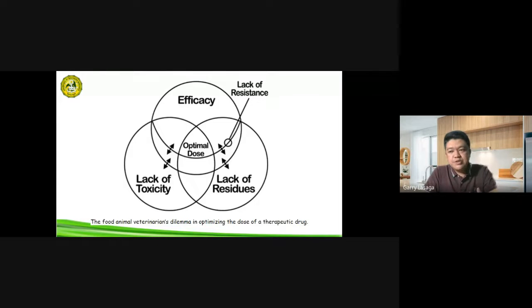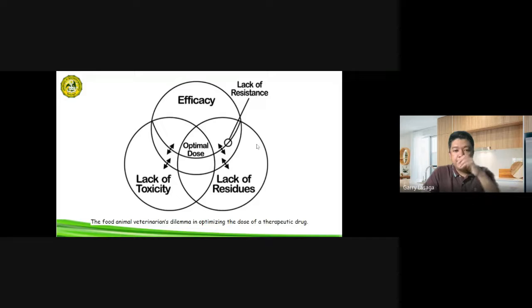During the production phase of raising poultry, cattle, and swine, we usually use antimicrobials and other chemotherapeutic agents in order to treat different types of diseases.